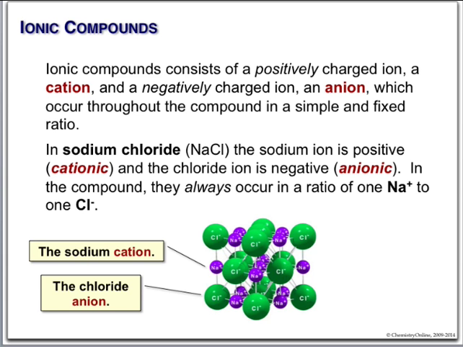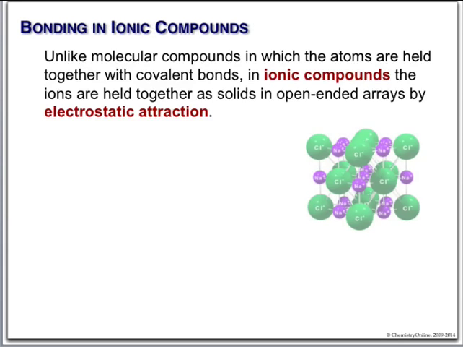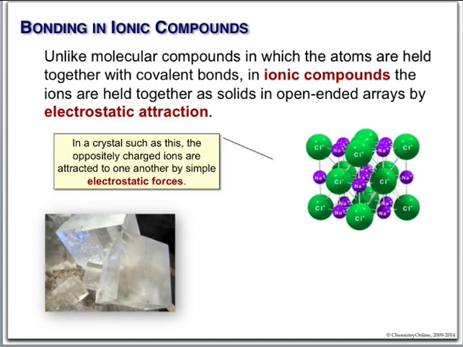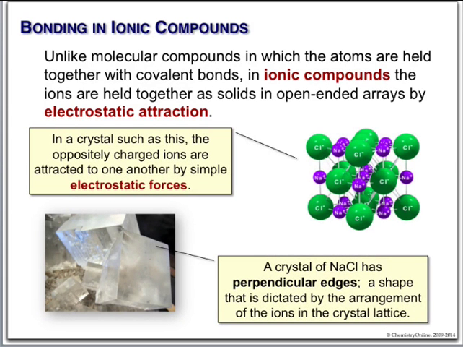They always occur in a fixed ratio. 1 positive, 1 negative. They're held together simply by electrostatic attraction. And if you've ever seen a big crystal of sodium chloride, you see that it's nicely cubic.